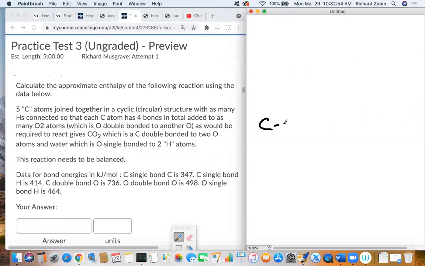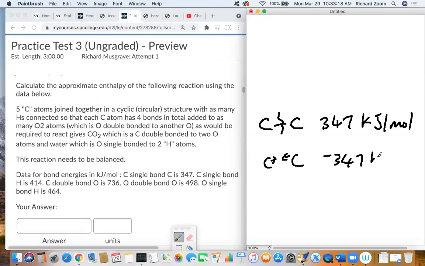C single bond C is 347 kilojoules per mole. What that means is that's the energy required to break that bond. It's also the energy that is released when the two C's come together and form a bond, which would mean it's negative 347 kilojoules per mole as well.